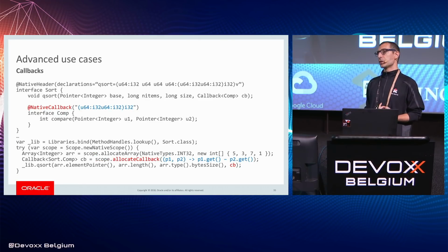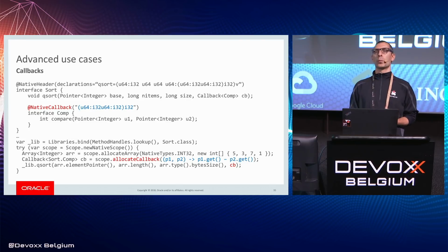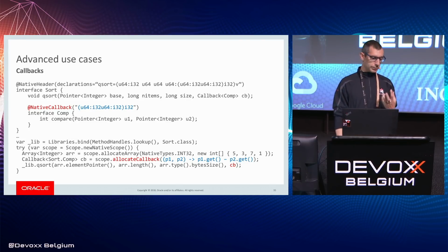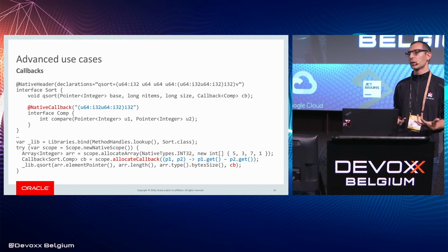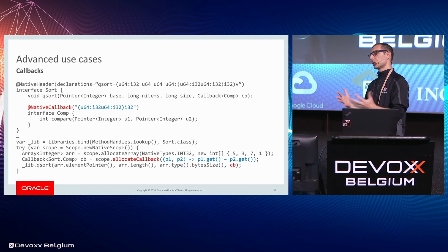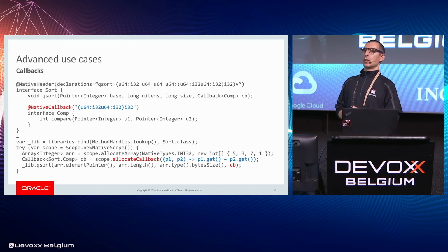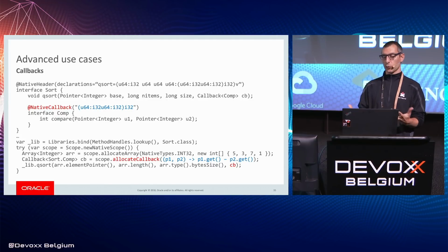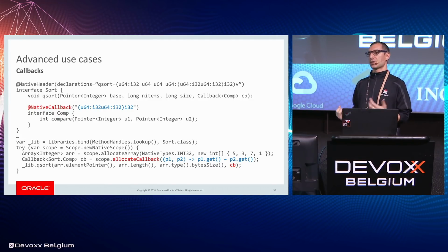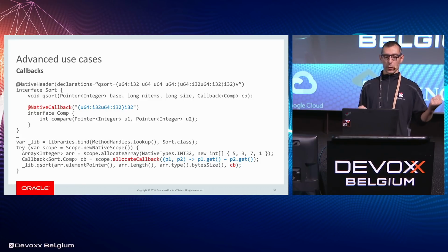Another important case in native code is to be able to model callbacks. The prime example of that is qsort. Whenever we want to write an algorithm and we want it to be able to work on different data types, a common trick is basically to delegate all the data-type-dependent logic to some callback function, and qsort does exactly that. It asks the user how the elements should be compared.